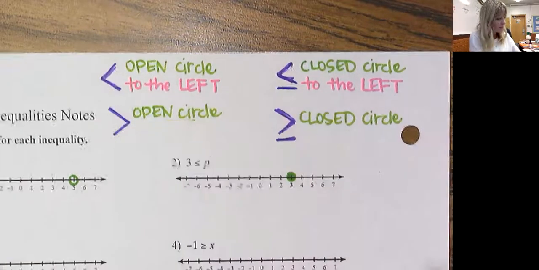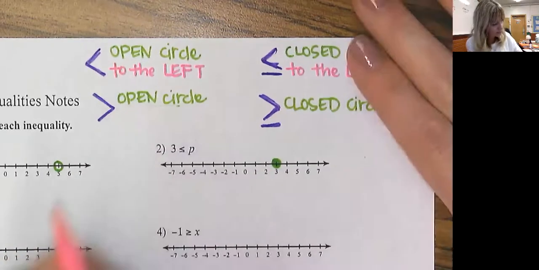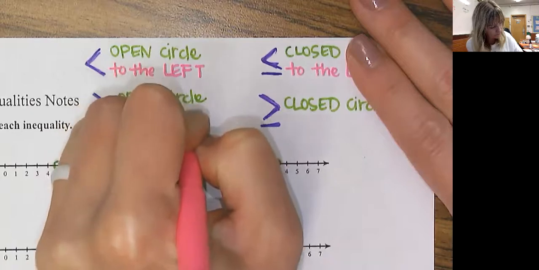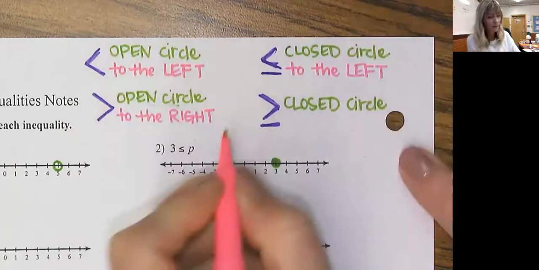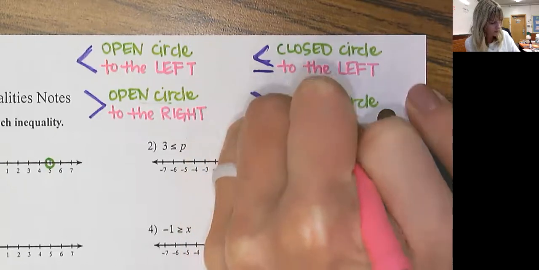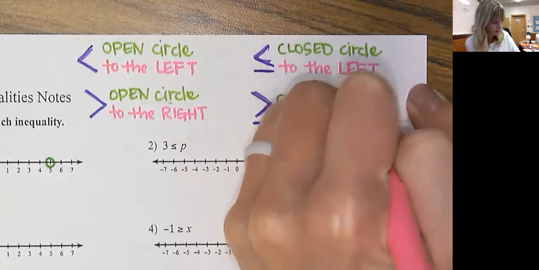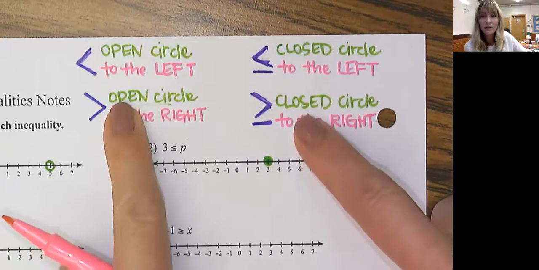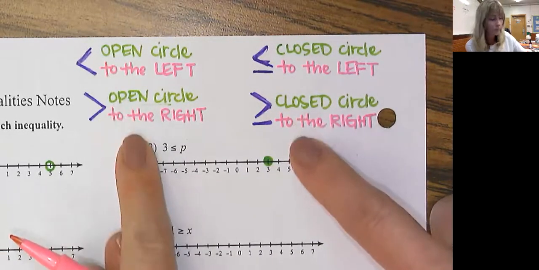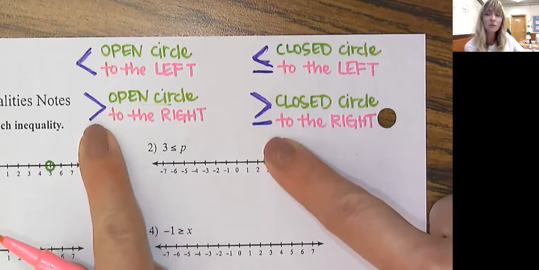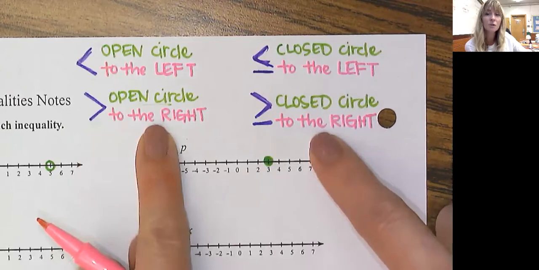So guess what that means about these ones? You've probably guessed it. This one goes to the right. And this one also goes to the right. So again, this one's an open circle and this one's a closed circle, so that's the difference between those, but they both go to the right because greater than or equal to, so it changes the open or closed, but it does not change the direction.